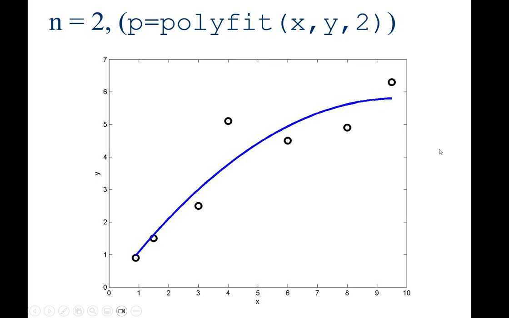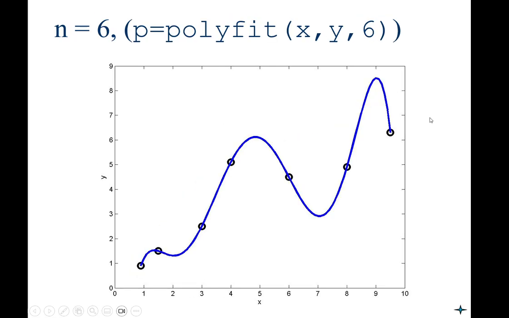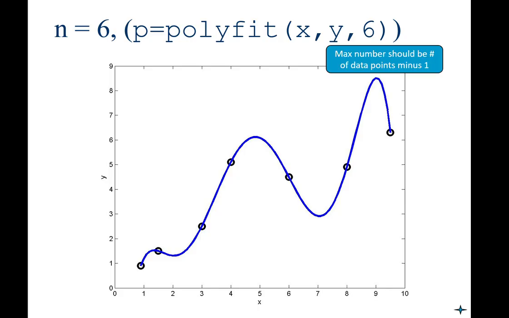And we could essentially add any value for n that we wanted, but only up to a certain point does it make sense. If you're wondering what that point is, it's typically the number of data points you have minus 1. So because we had 7 data points, the highest order that we would want to create a polyfit curve line in is going to be 7 minus 1, or 6.